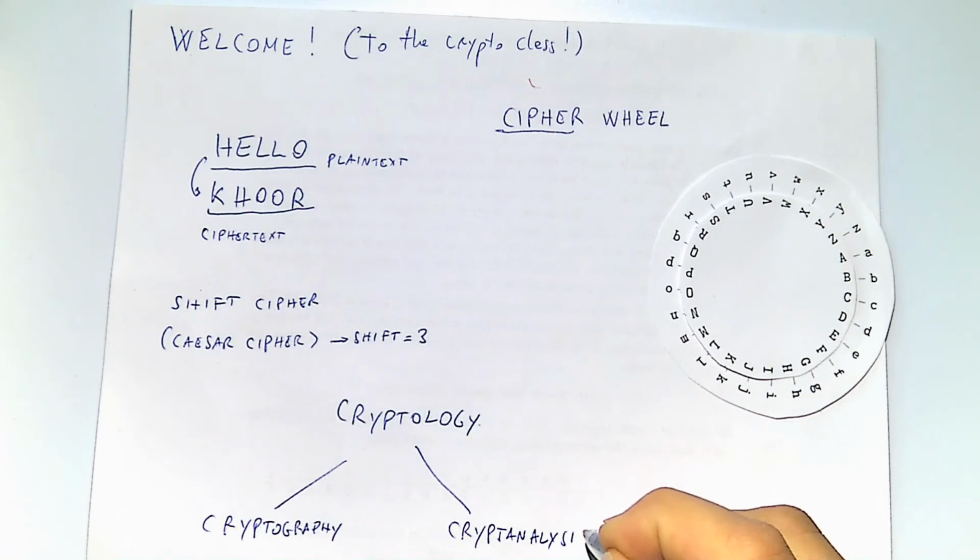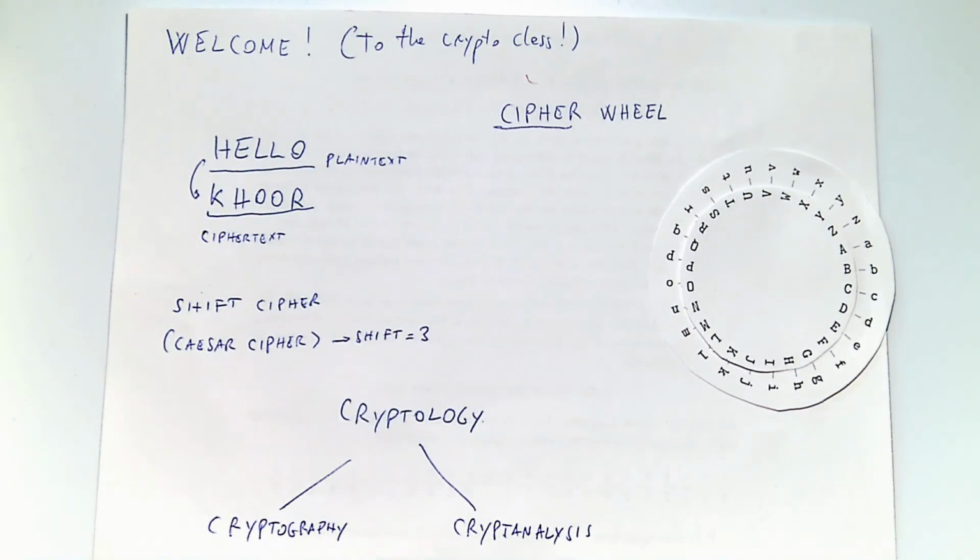All these words come from Greek, of course, and in a sense they suggest what they are doing. So cryptology is the area of studying methods for secure communications, and the cryptography part is about creating methods, whereas the cryptanalysis part is about attacking and finding ways to break them. Right? So this is traditionally what we refer to.